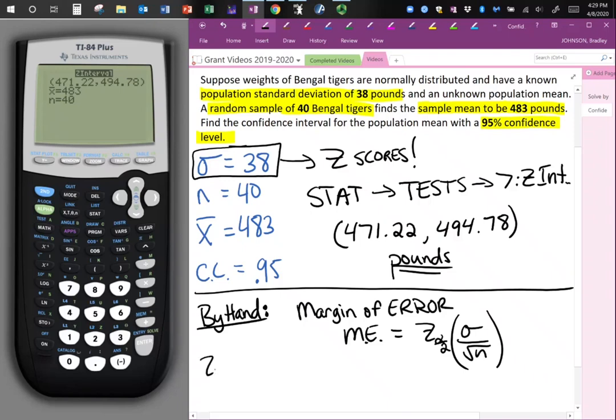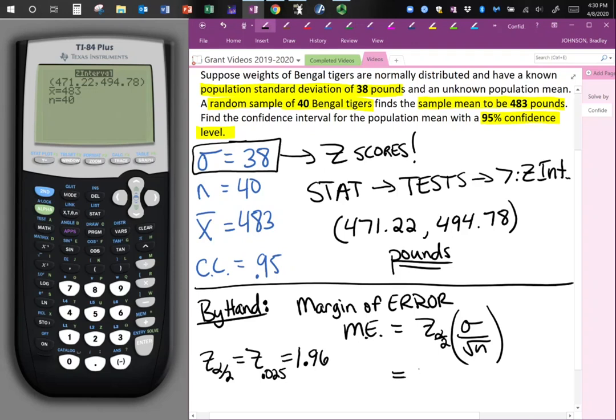In a previous video, you can see that I find the z alpha over 2 for a 95% confidence level, 0.025, to be 1.96. So my margin of error would be 1.96 times sigma, which is 38, divided by the square root of 40, which is our n.